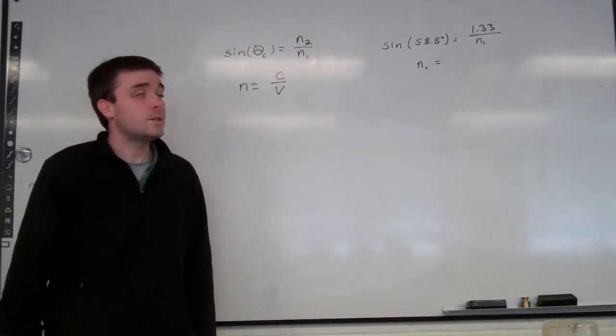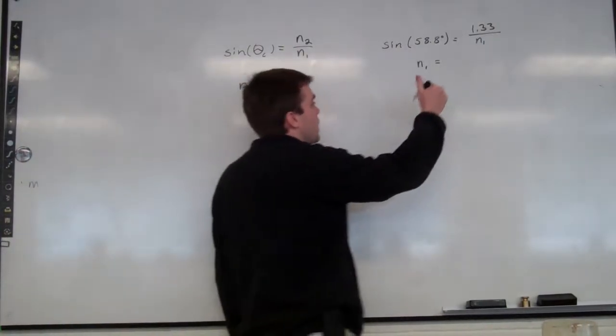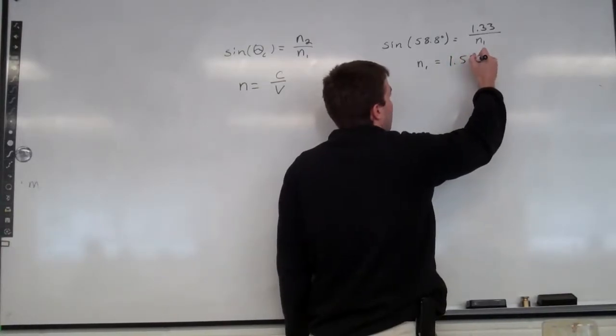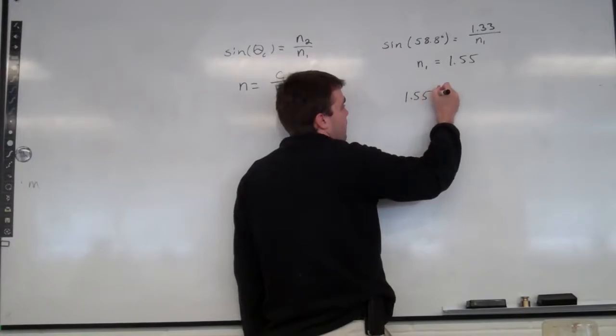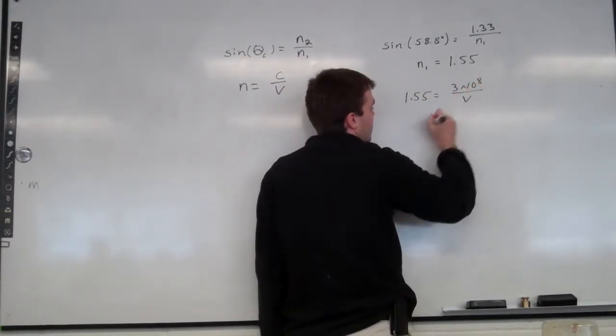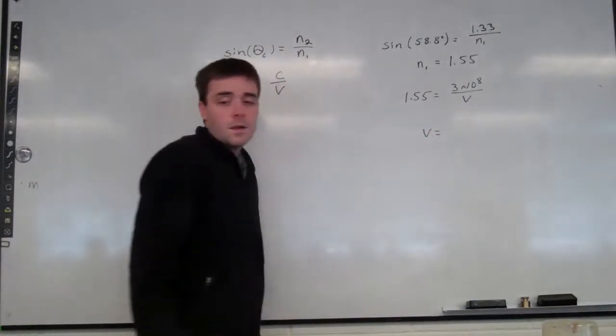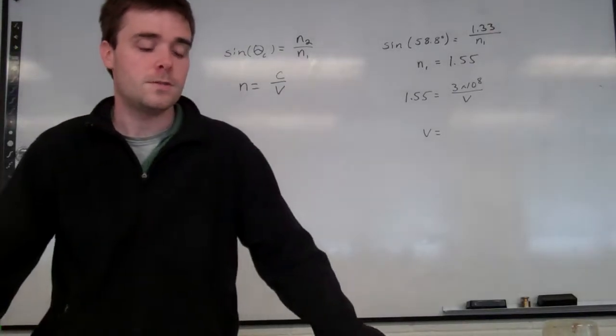And what does N1 equal? 1.55. And then we go 1.55 equals 3 times 10 to the 8th over v. And what does v end up equaling?